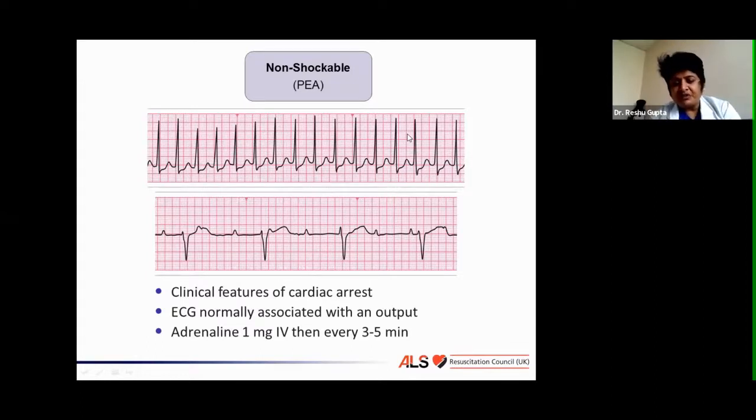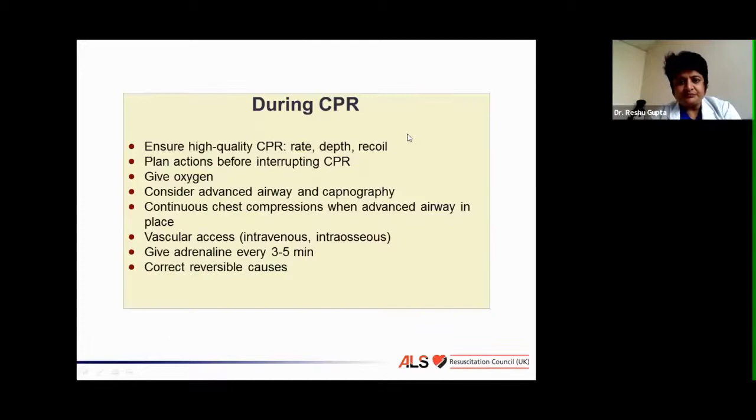During CPR, you have to ensure that the compressions are of really high quality. The rate should be adequate. It should not be too slow, and it should not be too fast. That's why, according to the American Heart Association, the rate is 100 to 120.